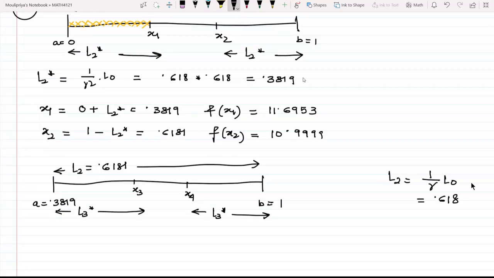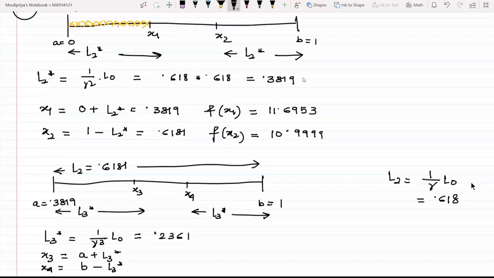What do we do next? 1 by gamma cube L0. And this would be 0.2361. What about X3? It is A plus L3 star, and your X4 would be B minus L3 star.